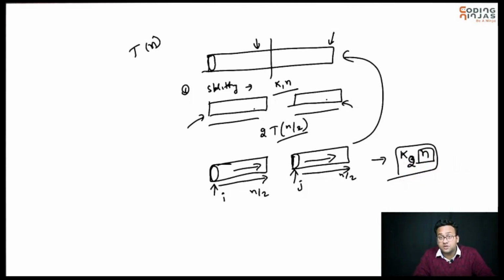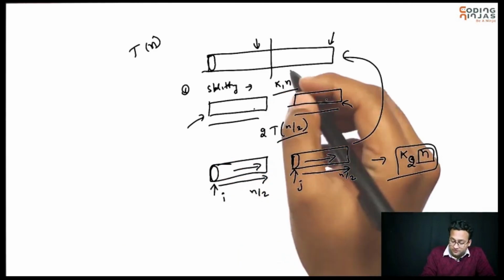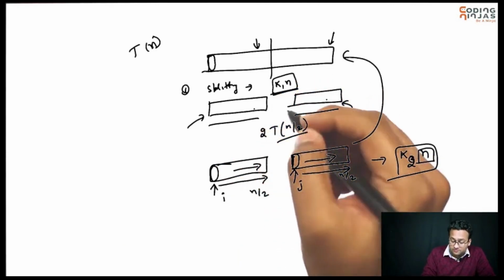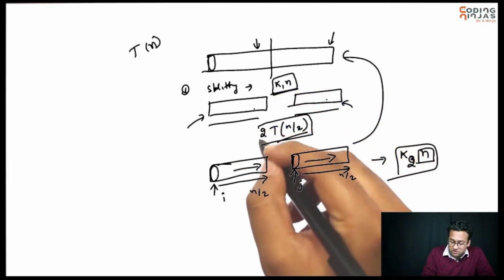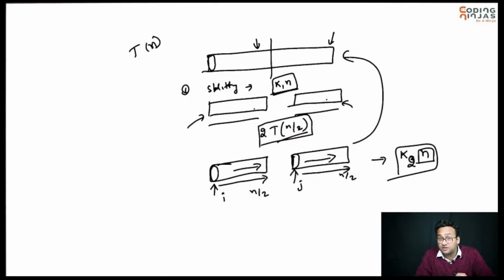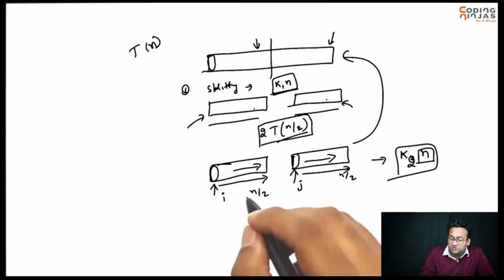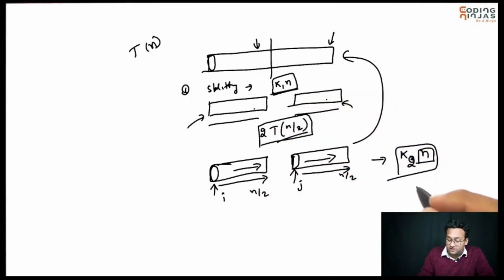Okay, so let's review this again. First of all you are doing this much work. Then you are doing two calls to merge sort, that is 2T(n/2), and then you are merging these two sorted arrays into the original array and you are taking k2n work again.